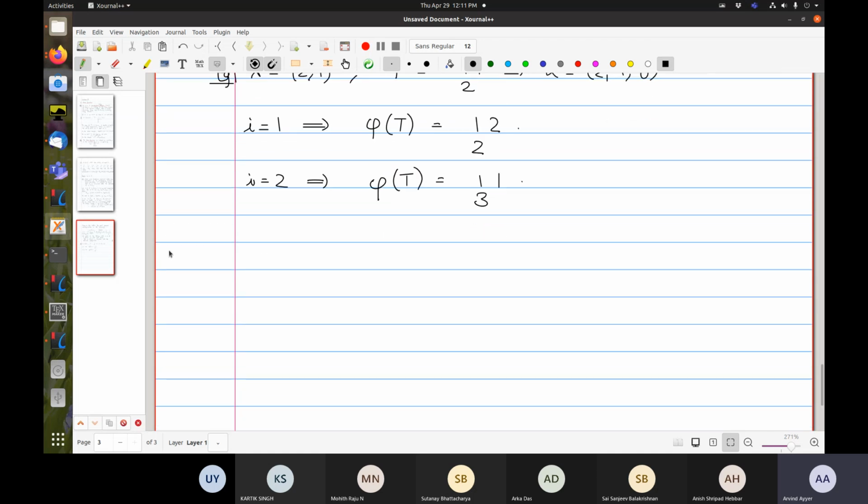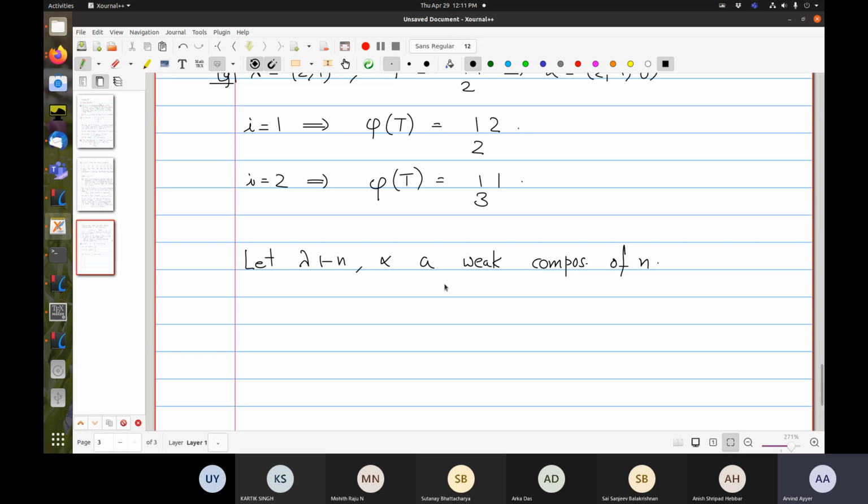So let me define another quantity. Let lambda be a partition of n and alpha a weak composition of n.